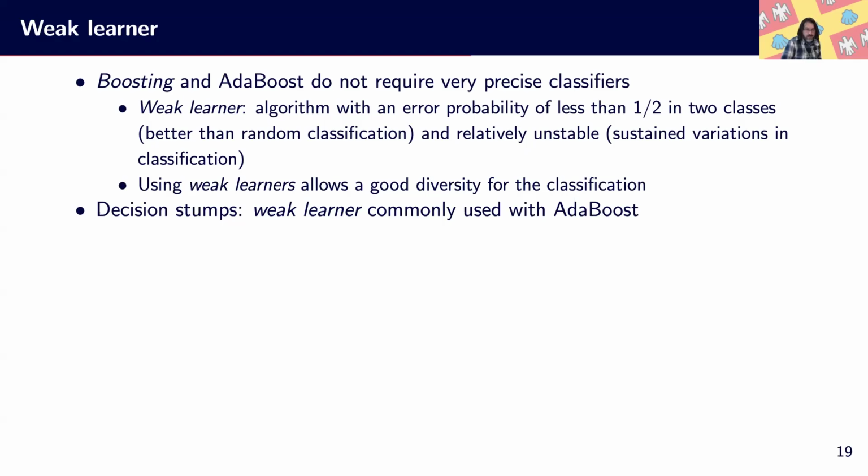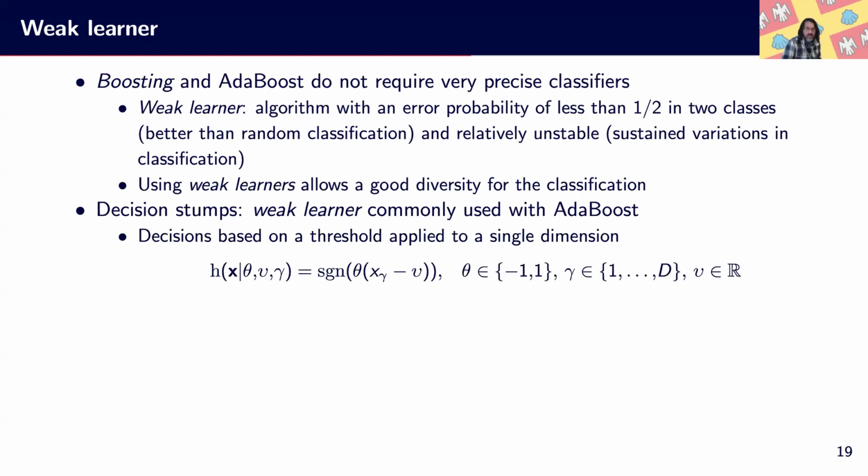So the idea is to train what is called a decision tree with one level, which is a root, and the root is the decision stump directly. So it's basically a decision over one variable. So we just say that the gamma here is the index of the feature, the variable to use.